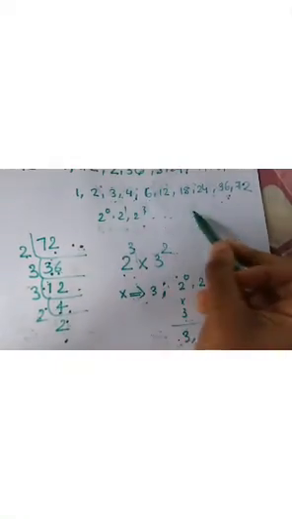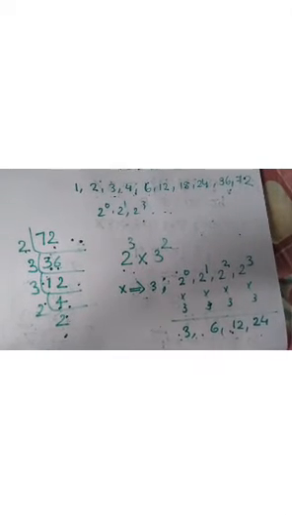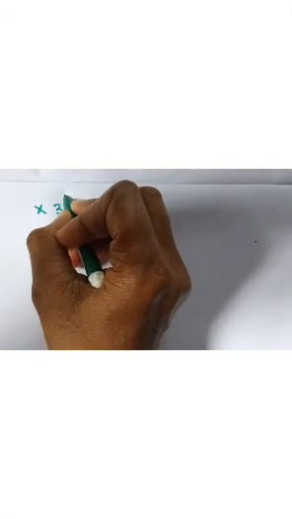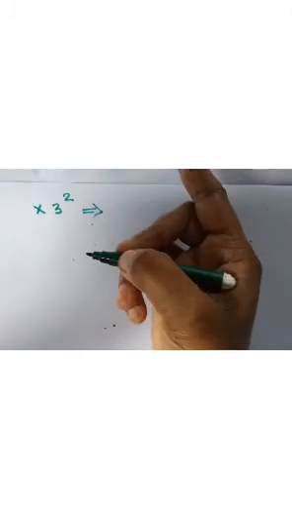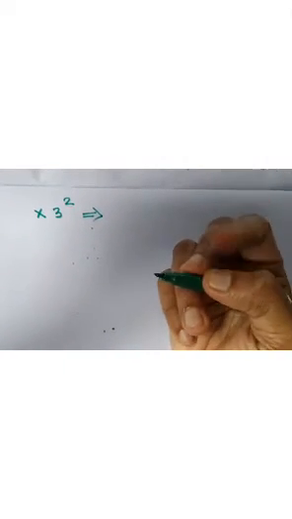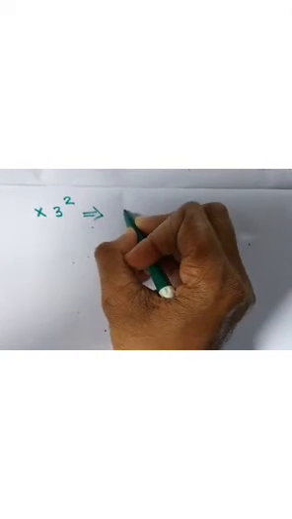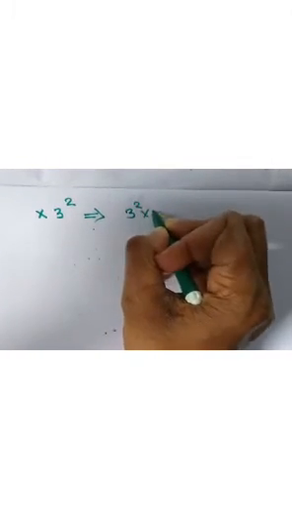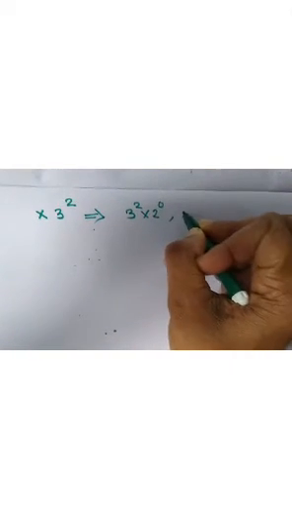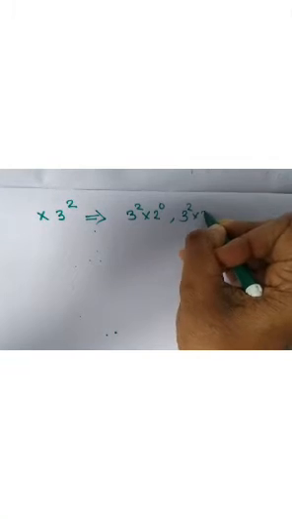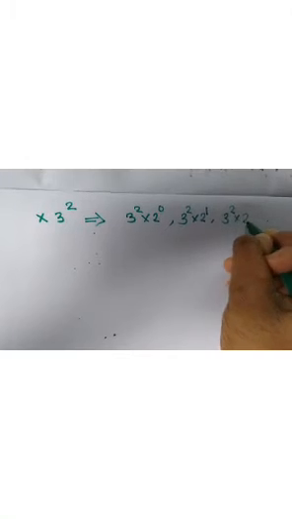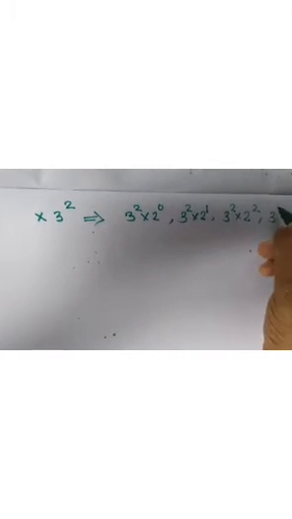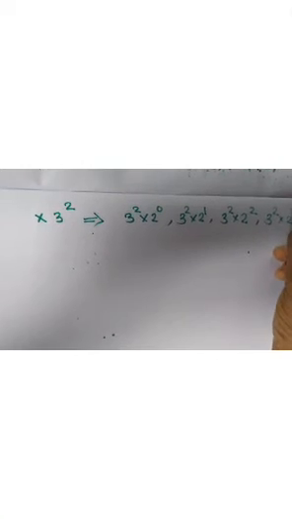Okay, we want to find another set of factors too. In our next step, multiply by 3 raised to 2. 3 raised to 2 is a factor from the prime factorization. When we multiply, 3 raised to 2 into 2 raised to 0, 3 raised to 2 into 2 raised to 1, 3 raised to 2 into 2 raised to 2, and 3 raised to 2 into 2 raised to 3.